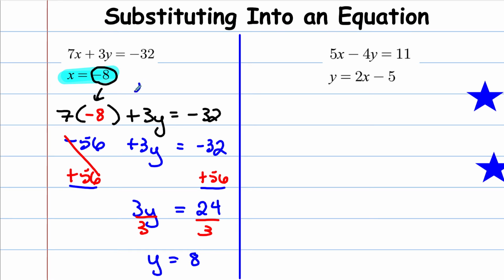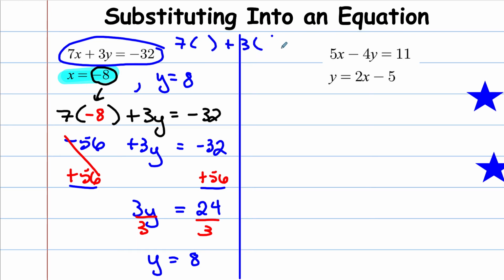So now that I have values for both x and y, I can verify if it actually solves this equation by replacing the x and the y with the values I calculated. We knew from before x is -8, and we just calculated y is 8. So let's see if it works. 7 times -8 is -56. 3 times 8 is 24.